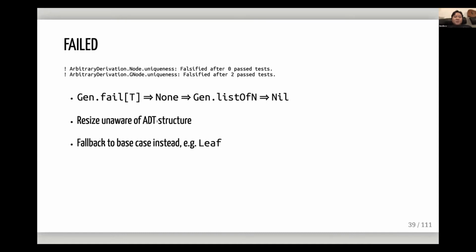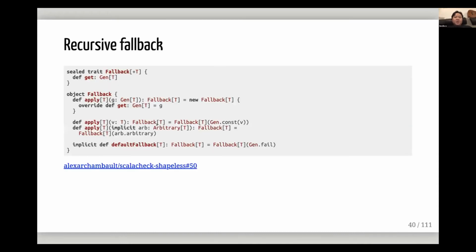It turns out there's already a solution in another similar library by Alexandre Archambault, scalacheck-shapeless, which is very similar to our approach, but uses Shapeless for deriving Arbitrary instances. It introduces a Fallback type class with a default value which just returns Gen.fail. And we as users can inject an alternative fallback value that will not fail and provides a graceful terminal condition.